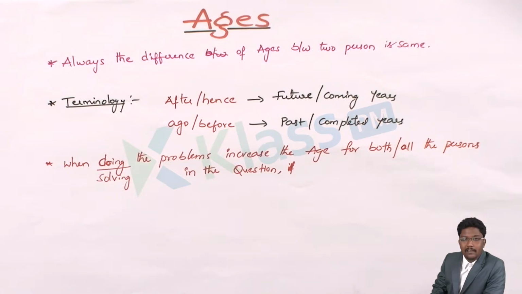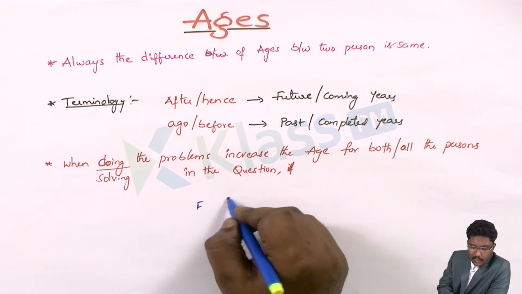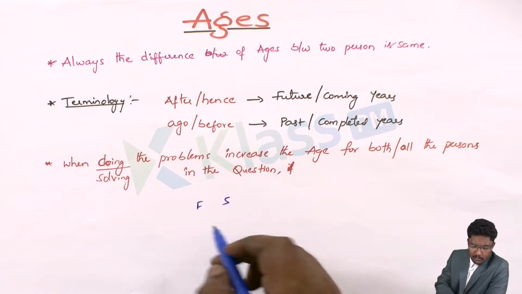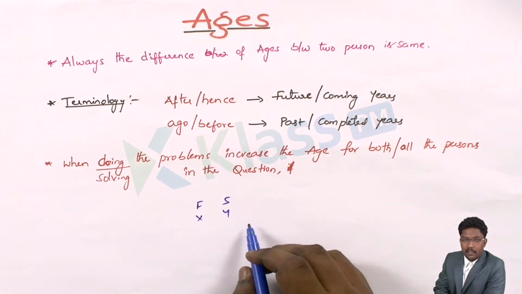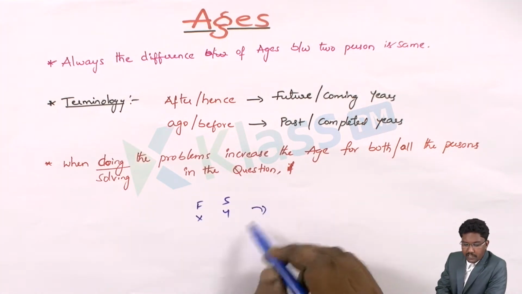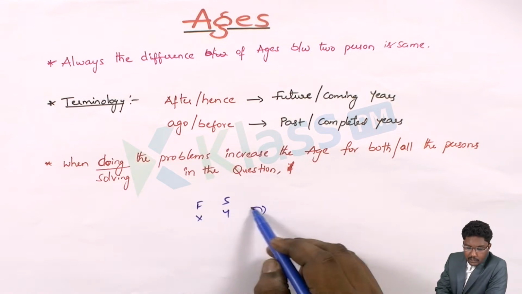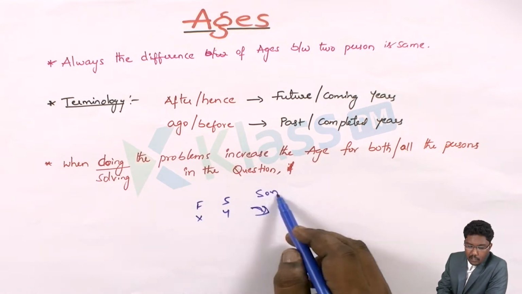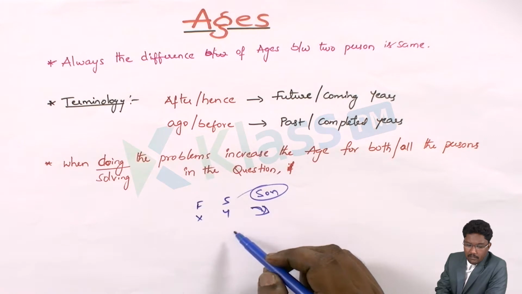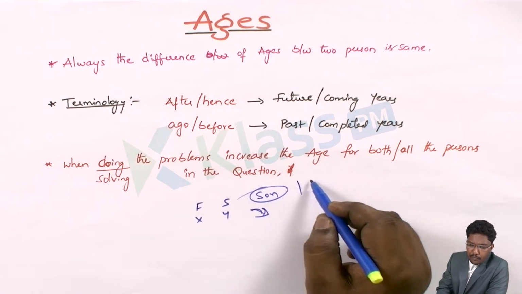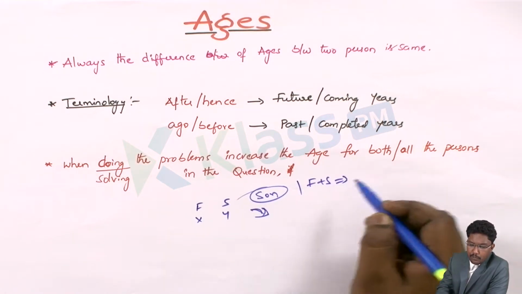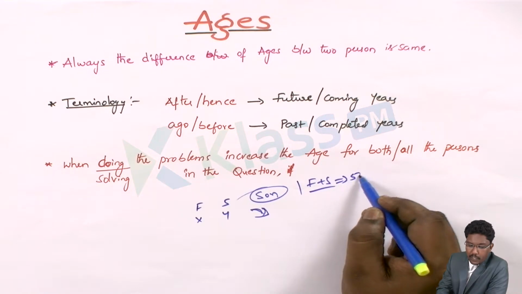A very important point in the ages concept: if there are two persons, father and son, and their ages are x and y. After 5 years, the sum of their ages should be 50.